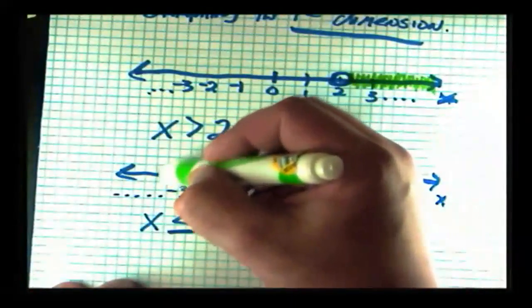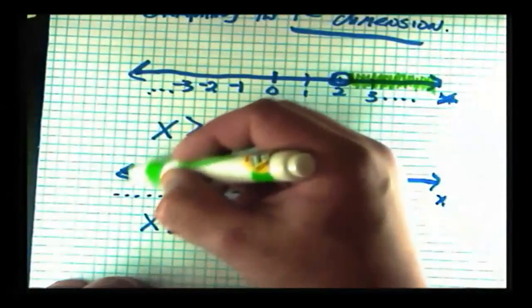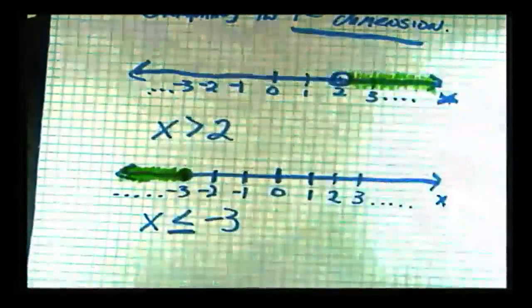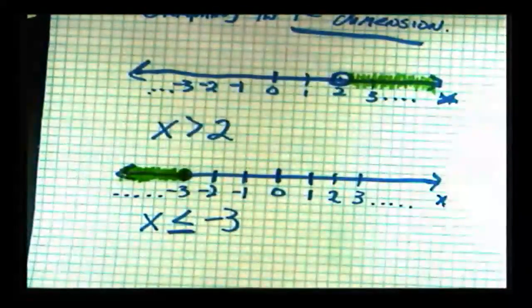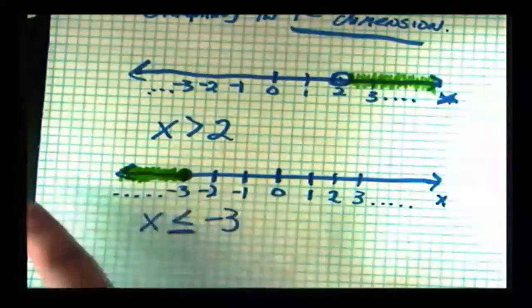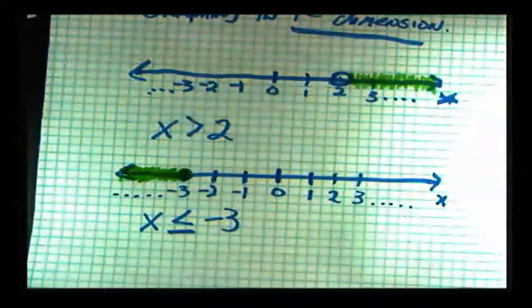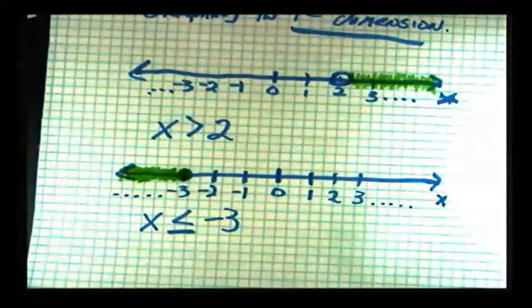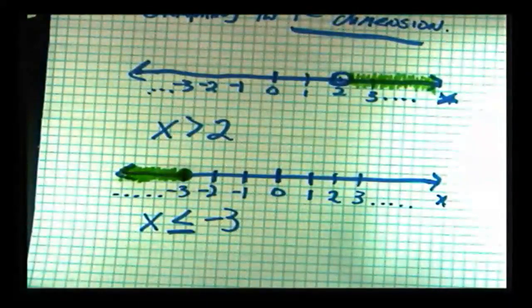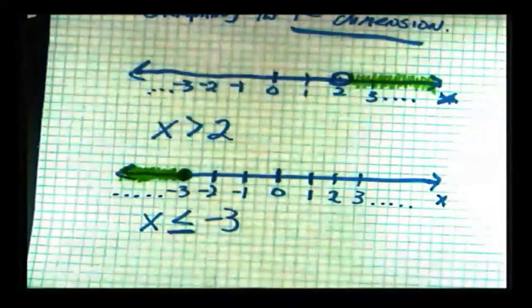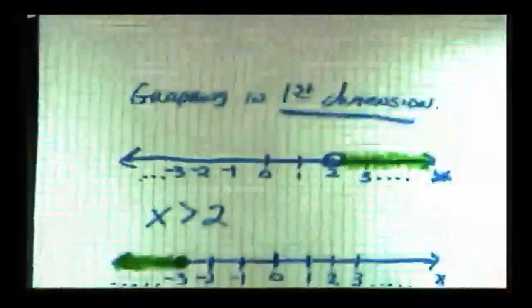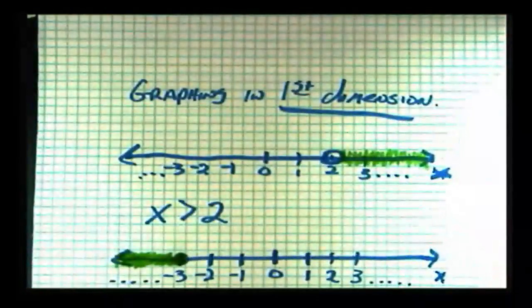And of course, all the numbers that are less than negative 3 are negative 4, negative 5, negative 6. So I'm going to shade my graph in the correct direction and solve this inequality. So this is what it looks like graphing in the first dimension.